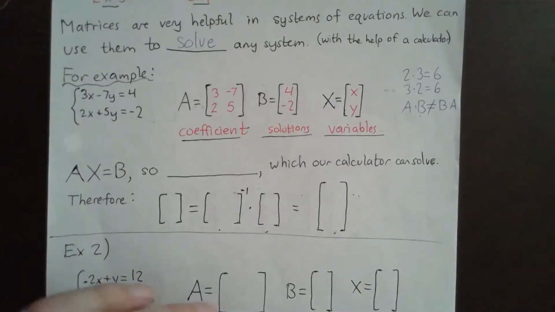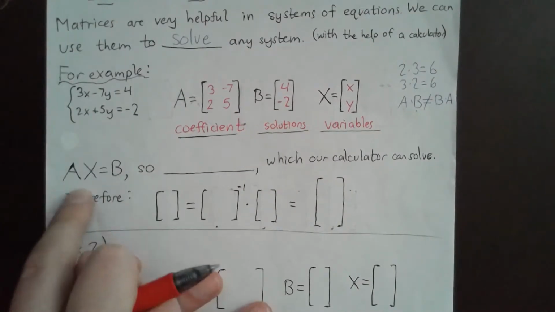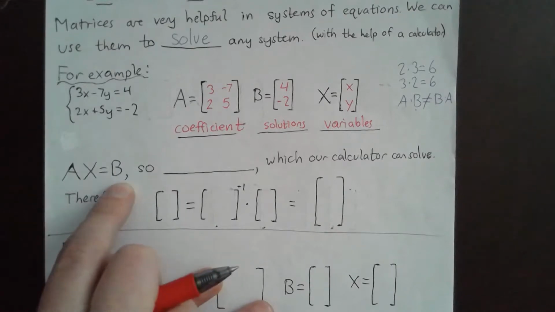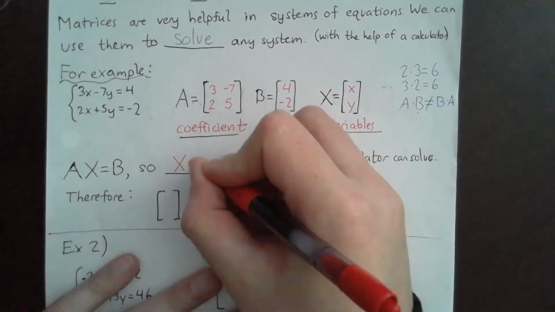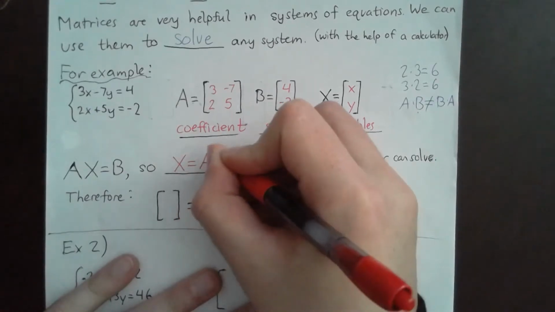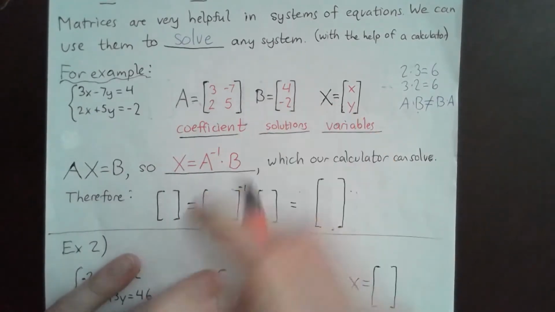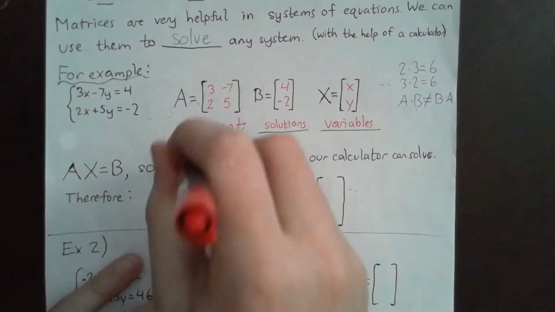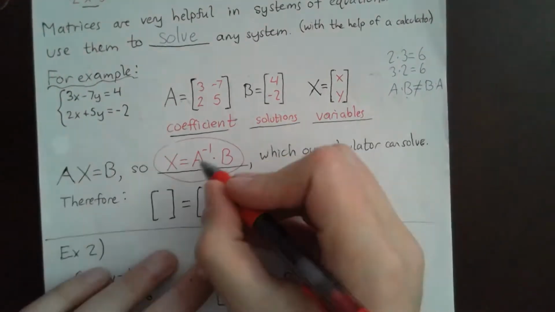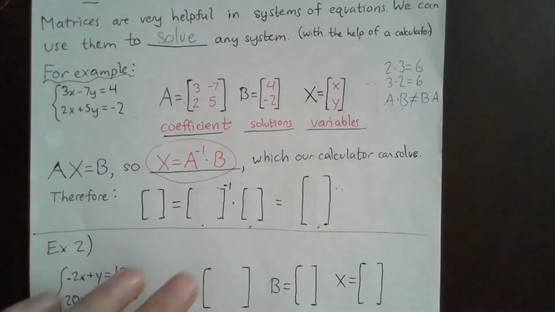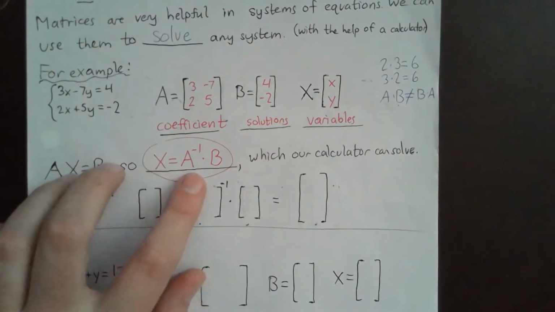So this is just a new way of writing it. After some algebra, if you have A times X equals B, the more important relationship is X equals A inverse times B. This right here, do whatever you've got to do to remember that. X equals A inverse. This -1 means inverse. X equals A inverse times B.